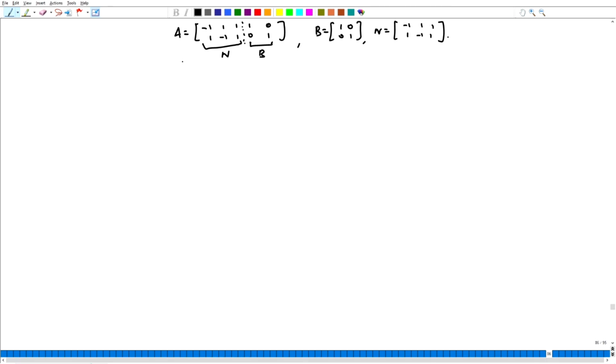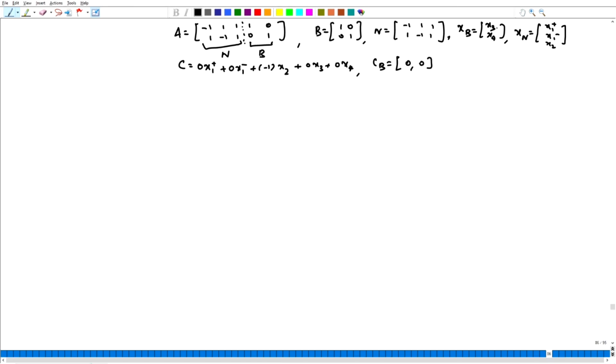C is 0 times x1 plus, plus 0 times x1 minus, plus minus 1 times x2, plus 0 times x3, plus 0 times x4. Since x3 and x4 are the basic variables, xB is x3, x4, and xN is x1 plus, x1 minus and x2. So Cb is 0, 0, the coefficients corresponding to the basic variables, and the coefficients corresponding to xN are Cn, which is 0, 0 and minus 1.